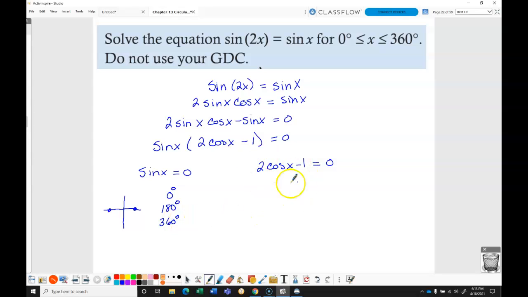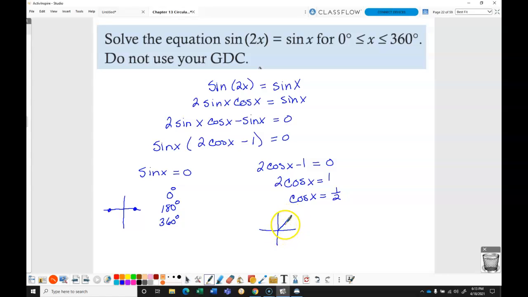Okay, now I'll go ahead and solve this one. I'm going to add 1 to both sides. So 2 cosine x equals 1, and the cosine of x equals 1/2. All right, let's think about where the cosine, or the x-coordinate, equals 1/2. I believe that's going to fall at 60 degrees, and it's positive 1/2.